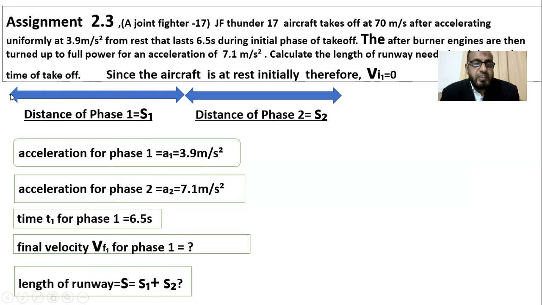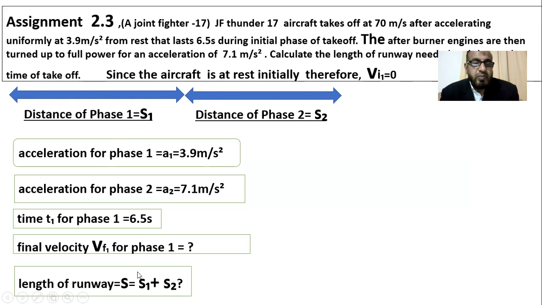For the first phase, the distance covered by the aircraft is S1, and for the second phase, the distance covered is S2. During the second phase, the aircraft moves with a different acceleration, 77.1 meters per second square, while in the first phase, the aircraft moves with uniform acceleration of 3.9 meters per second square.